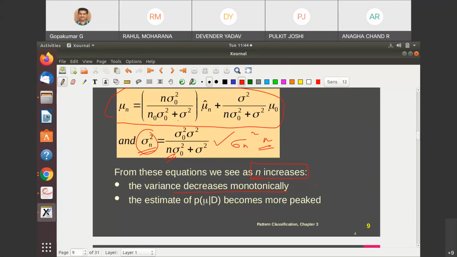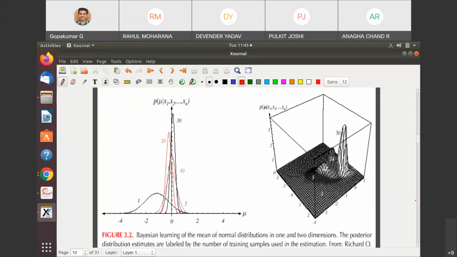So, for example, if this is one probability of mu given D, another case with a larger number of training samples will give you another curve of this kind. If you increase it again, you get something like this one. This graph shows such an example.